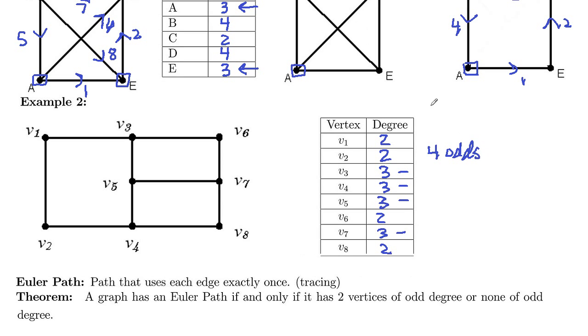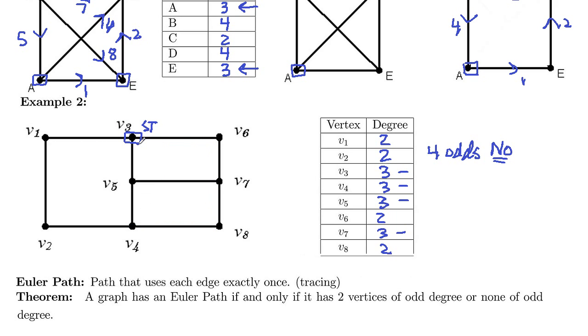So, this one had 4 odds, and that was a no. This one has 4 odds. This is also a no. If you try to trace this one, you'd have to start and end at an odd. So like, say we started here at vertex 3. So you could try tracing this. You go around the outside and you're like, well, I don't want to go up here because then I've missed this part.